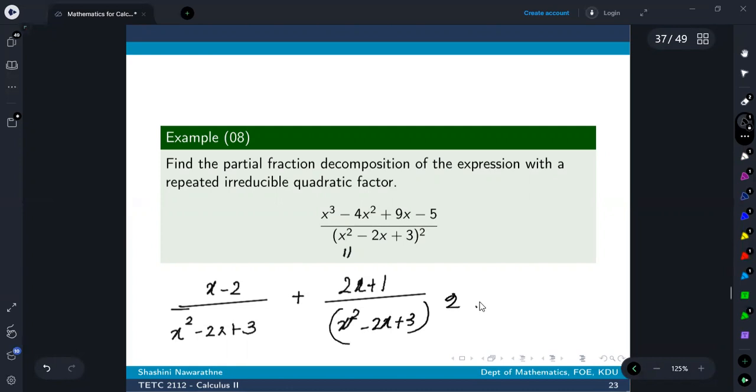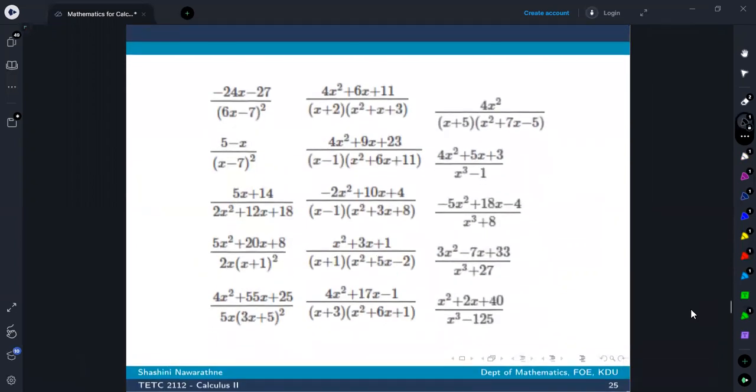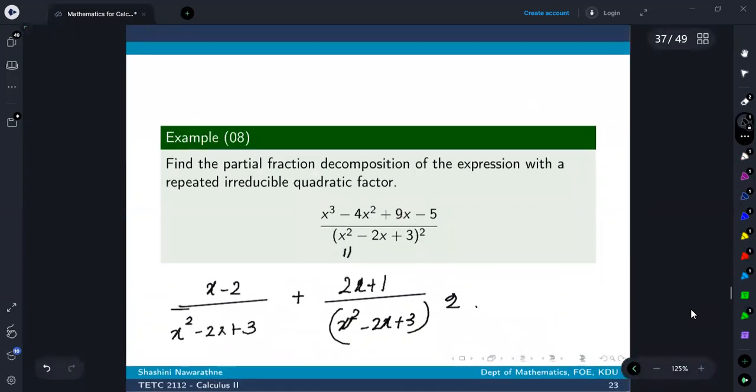So try to obtain this answer by yourself, and there are some more practice problems in the lecture slides. Please practice those problems as well, then you will get a better idea.